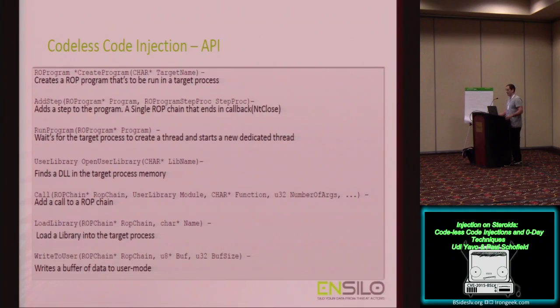Tell it to run with a run program, and once it's running, it will wait until the target process does something that we can hook on, and build a ROP chain for creating a dedicated thread, and starts to run the program in the context of that process. There are several other API methods we are using to open a library that's already loaded in the process, call some function, or load a new library into the process.